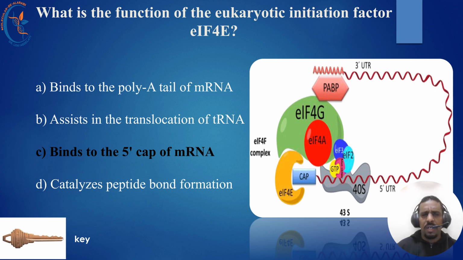Think of these factors as the key that recognizes and attaches to the special cap at the beginning of the messenger RNA molecule. This step is crucial for initiating translation, as it helps the ribosome find and attach to the messenger RNA to start building the protein.